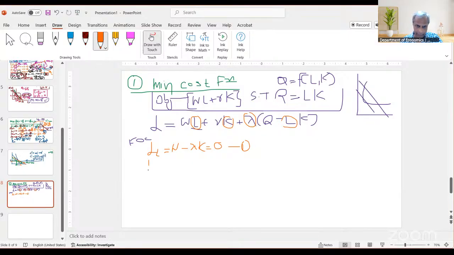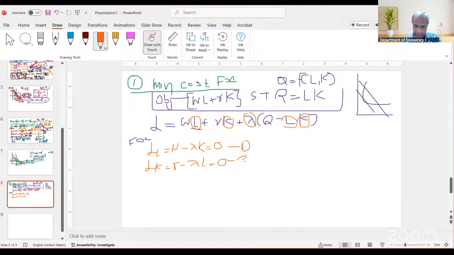And the second, we differentiate with respect to K. There we get R minus lambda L equals 0.